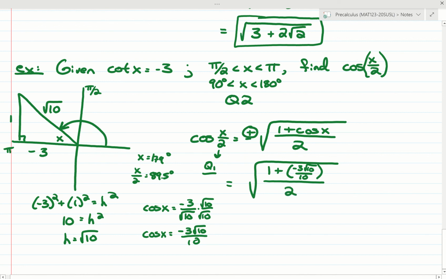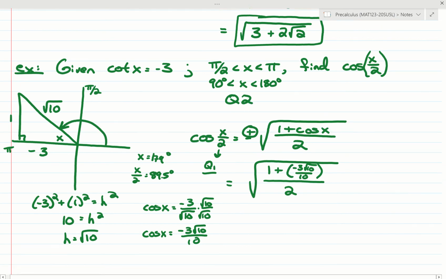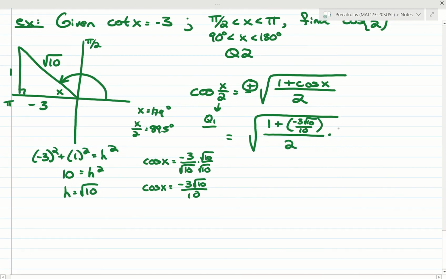So let's get rid of radicals, and then we'll see what we need to do to simplify this. I'm going to multiply the top and bottom by 10. And we get 10 minus, the 10 on top here would cancel with this. So you just have 10 minus 3 square root of 10 over 2 times 10 is 20.